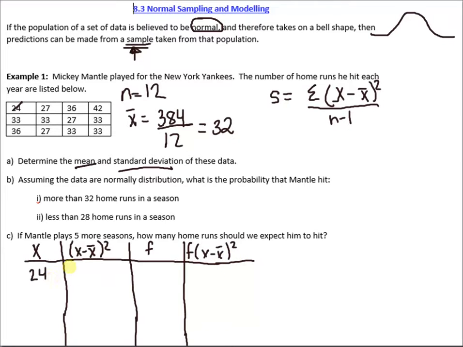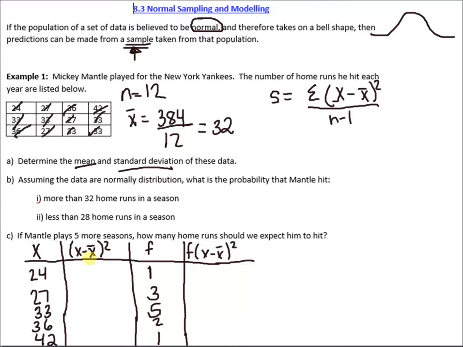We can leave all of these in our calculators at the same time. We have one 24, three 27s, five 33s, two 36s, and one 42.